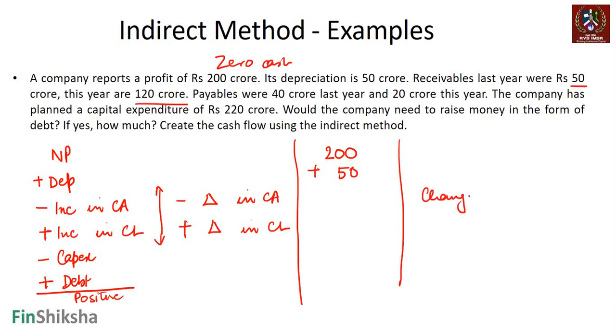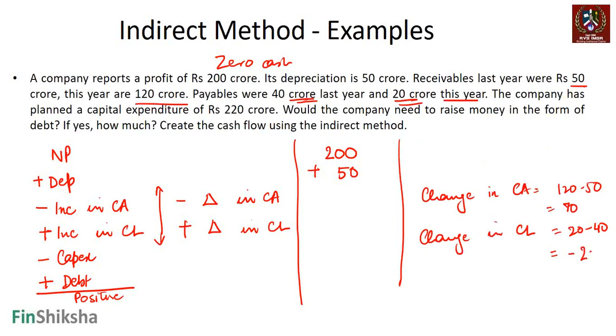So change in current assets is 120 minus 50, which is 70, correct? Also look at the change in current liability: 20 this year and 40 last year. So 20 minus 40, remember this year minus last year, is minus 20, right?